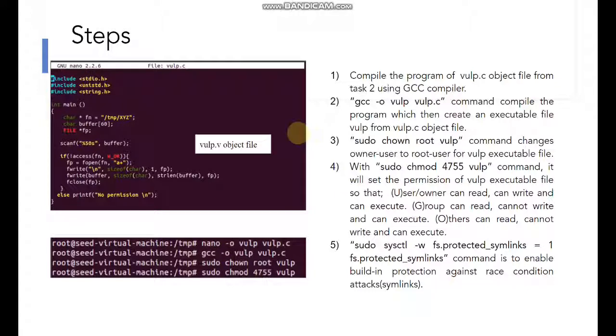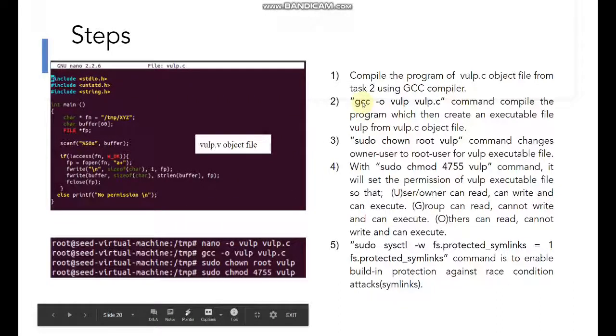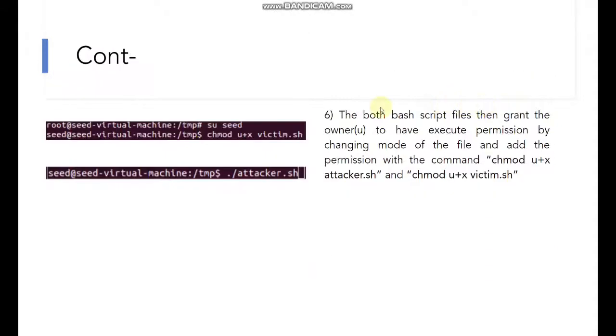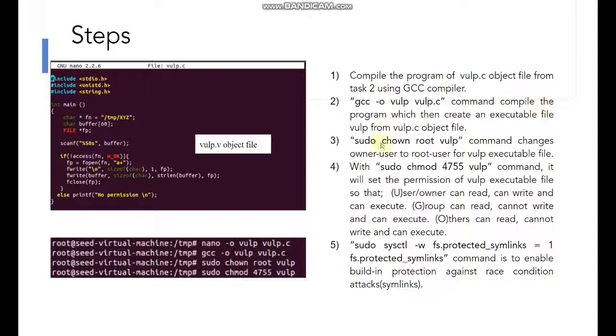So first thing first, we open the valve.c object file like in task 2 and compile the program using the GCC compiler. The gcc -o valve valve.c command compiles the program, which then creates an executable file from the valve.c object file.